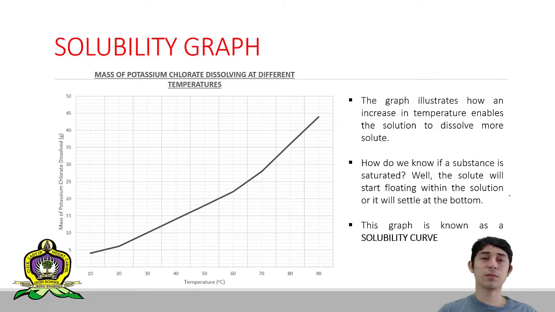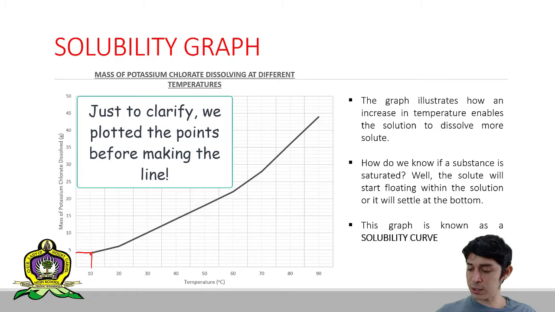And we used the temperature and how much salt could actually dissolve in the water. So at 10 degrees Celsius, we noticed that the solubility was 4 grams. So our first point, we plotted it right there.